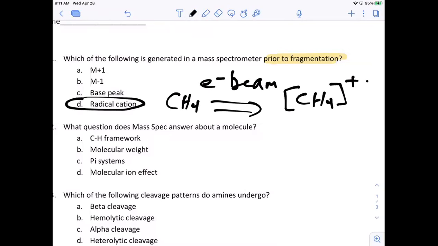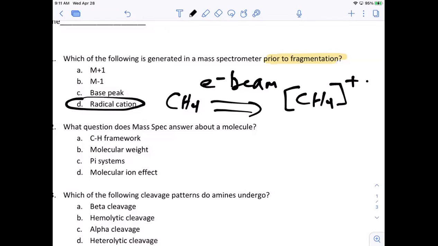So that's prior to fragmentation. Before any pieces break off, you get this radical cation, which then becomes the species that gets fragmented. And when it fragments, one part of it is going to be the radical, and the other fragment is going to be the cation.